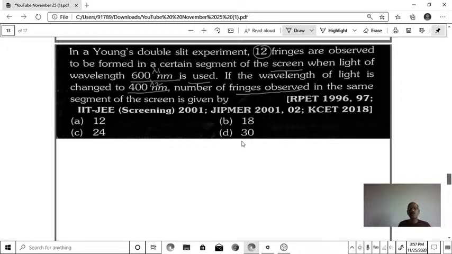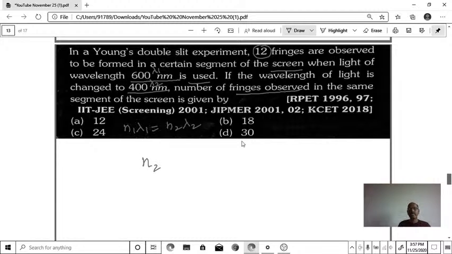As we know, N1 lambda 1 equals N2 lambda 2. Here N1 is given as 12 fringes with wavelength 600 nanometer, and N2 is the question: the number of fringes when the wavelength used is 400 nanometer.